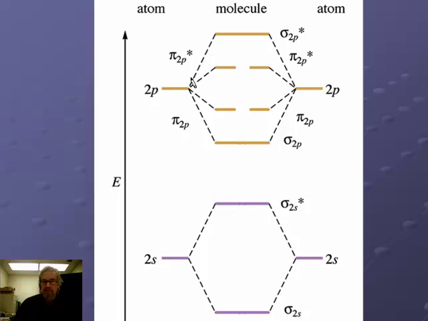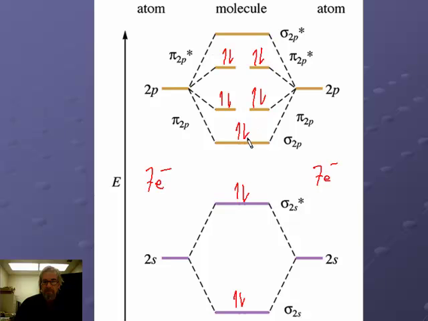Now let's work on F2, fluorine. So fluorine's a column 7. That means each of the fluorines is going to have 7 electrons in the unbonded state. So that means when we make the molecule, we have 14 valence electrons to put in the energy level diagram. First 2 there, second 2 there, 5 and 6, 7, 8, 9, 10, 11, 12, 13, 14.